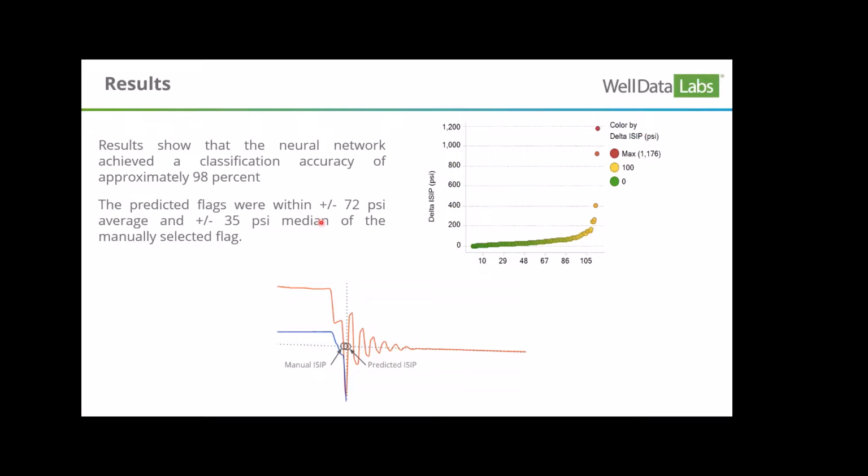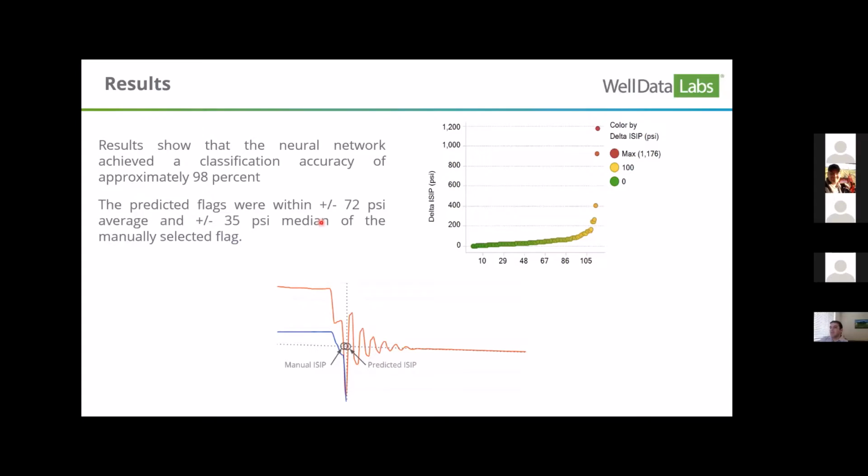One thing where we found problems was when the treating pressure was under 2000 psi, and when it was above 8000 psi. For those cases, we added more training data that helped the algorithm make better decisions on isolating the specific area we were looking for. Then it's just a linear regression that calculates the ISIP value.